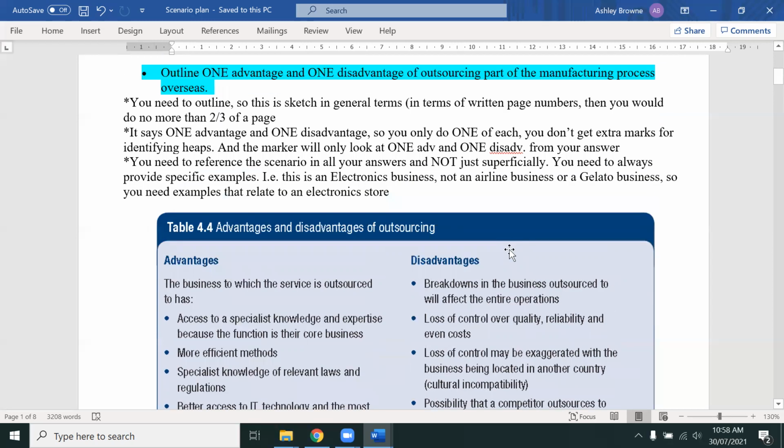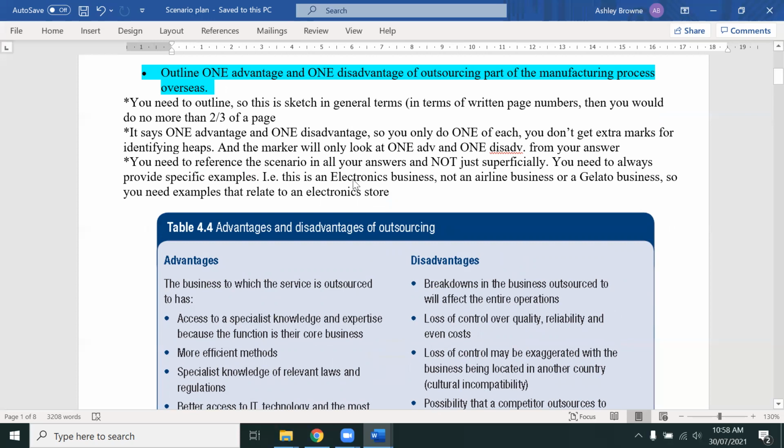For this scaffold that I've got here, I'm talking about each question, but I'm also going to show you how I'd set out the essay below as well. Now, you need to reference the scenario in all your answers, and not just superficially. I don't want you just to say the name of the business, but you must say the name of the business lots of times, or this business.